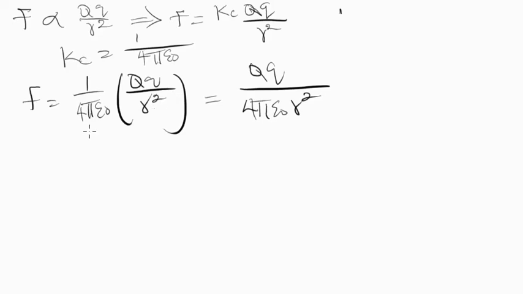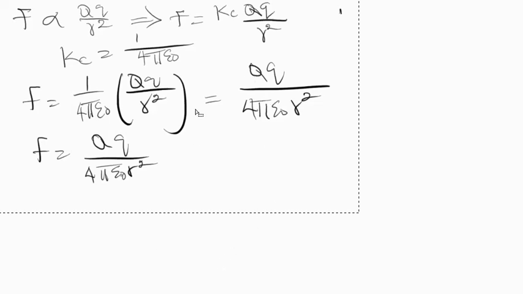Alright, so we'll simply have our F to be equal to Q times Q over 4 pi epsilon naught R squared. So let me go ahead and wipe this and then bring this up again. So F is equal to this.